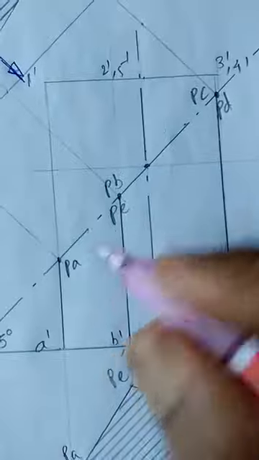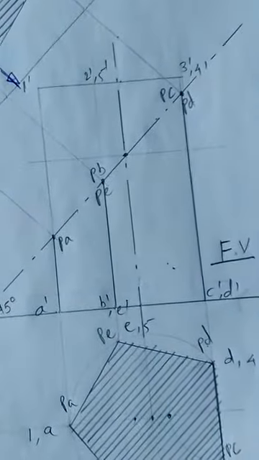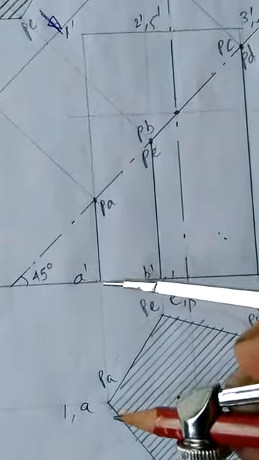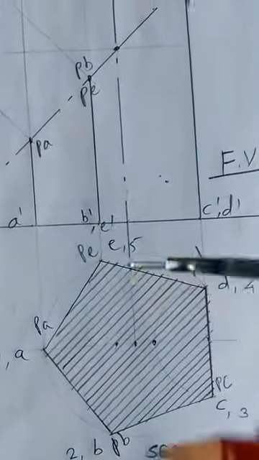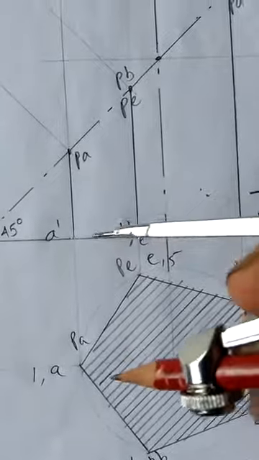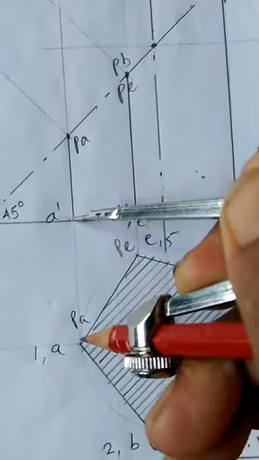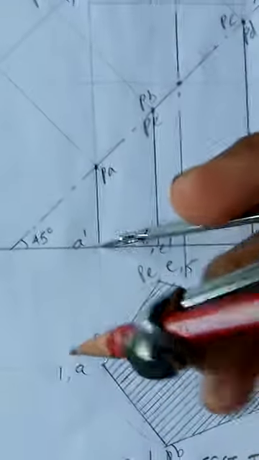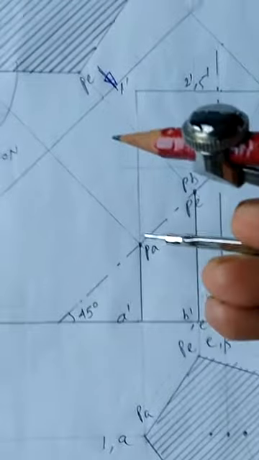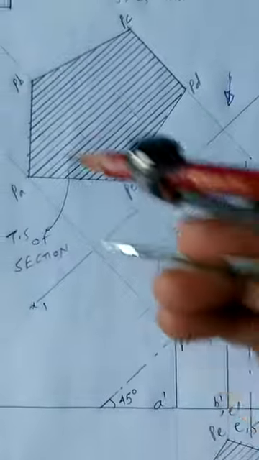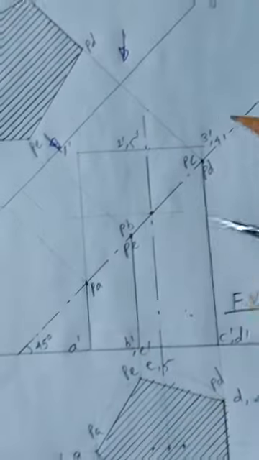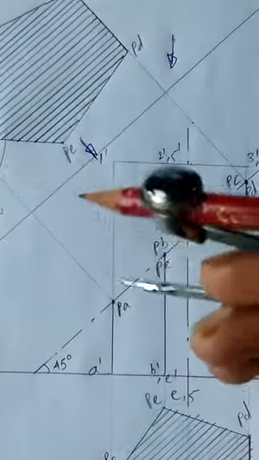Now for PA to PE, all the points, all the distances from this sectional top view, which is not the true shape, below the XY line, you have to pick these distances in a compass and go on transferring beyond X1 Y1. In the same way I have drawn the projectors here. See here, PA to PE, all the points I have projected through 90 degrees.